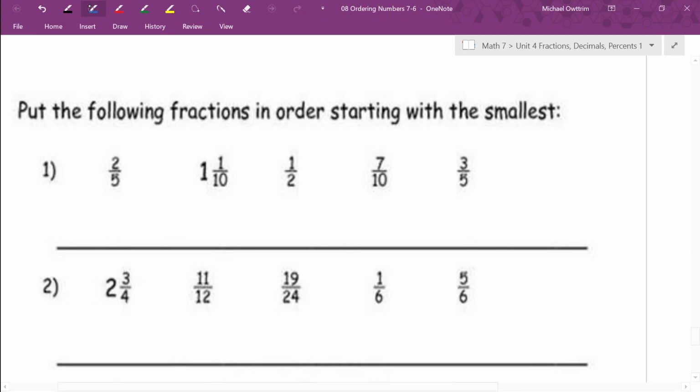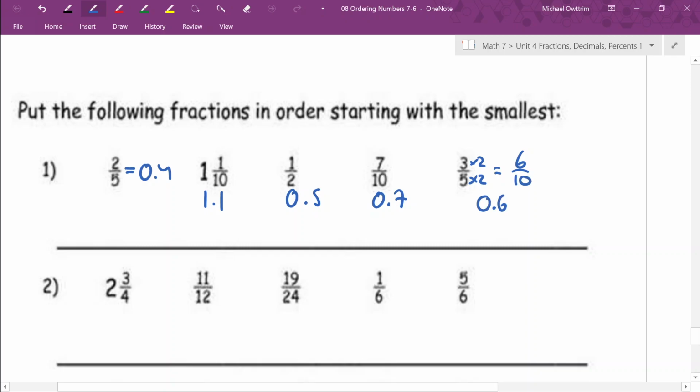On the back side there, let's work through a couple more questions. Some of these are very easy to convert into decimal. So 2/5 is 0.4. That's one of our memorized ones. 1 1/10 is 1.1. 0.5, 0.7, and let's multiply this one by 2 to get 6/10 or 0.6.